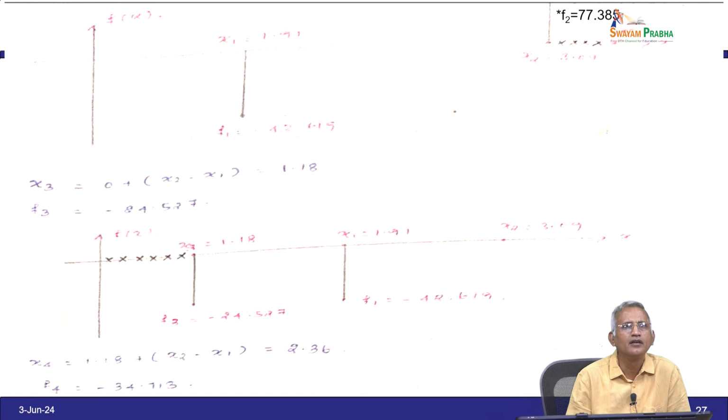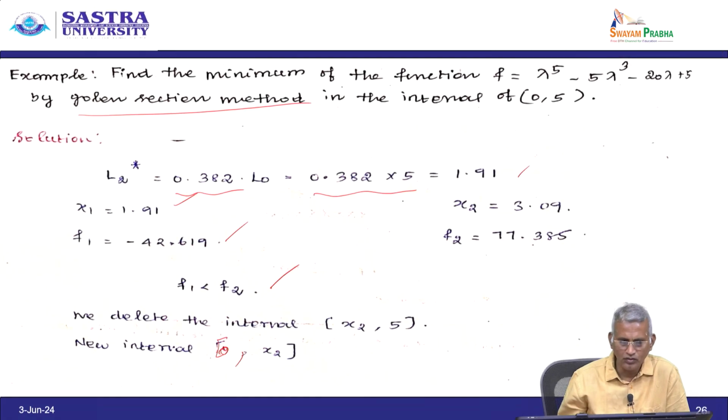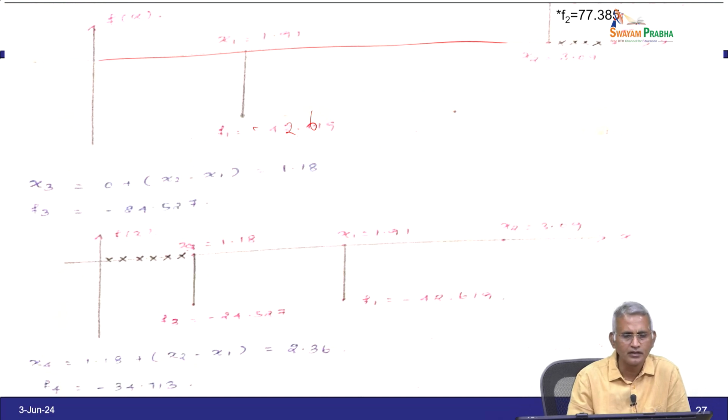Now, we have the graph and f2 here is 77.385, x2 equal to 3.09, f1 is equal to minus 42.619, corresponding x1 equal to 1.91. Now, the limit is 0 to x2, x2 is 3.09.